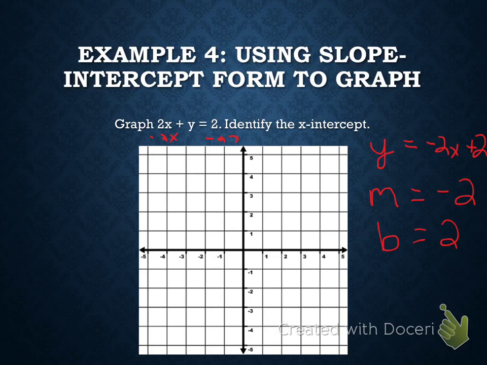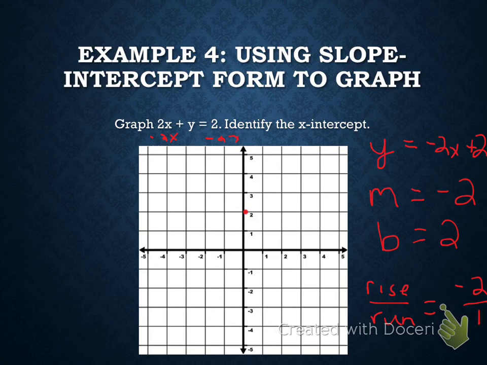So I'm going to come over here on the y-axis and put my y-intercept at 2. Now it tells me I have a slope of negative 2. Remember that slope is rise over run. I have negative 2, and remember, when I have a whole number, the denominator is just 1. So I've got a rise of negative 2 and a run of 1.